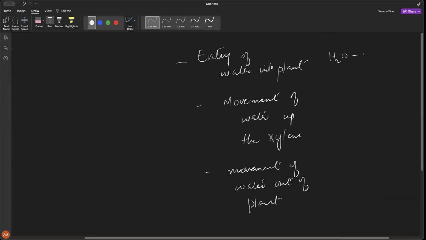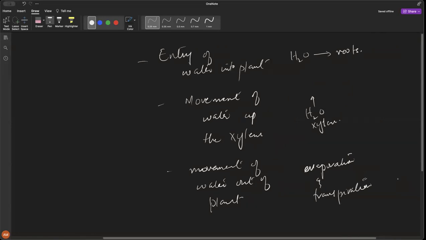When water moves into the roots, then the water moves up the xylem vessel. What are the factors? And then we have the third and last, evaporation and transpiration.